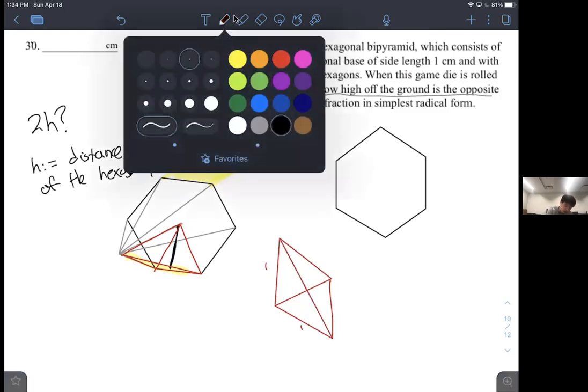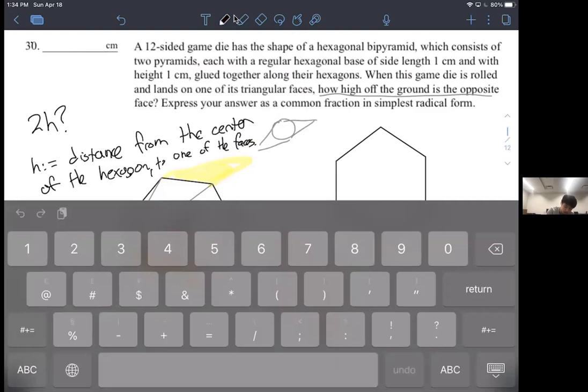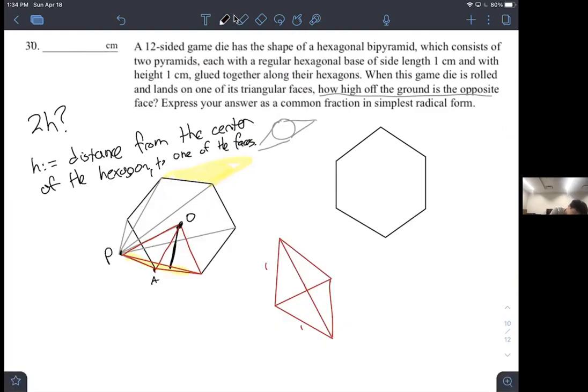I'm going to label some points. This is point O, this is point A, this is point B, and this is point P. As I said earlier, we're trying to find H, where H is the distance from O to PAB.